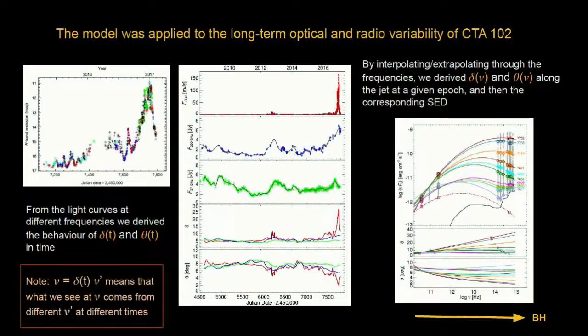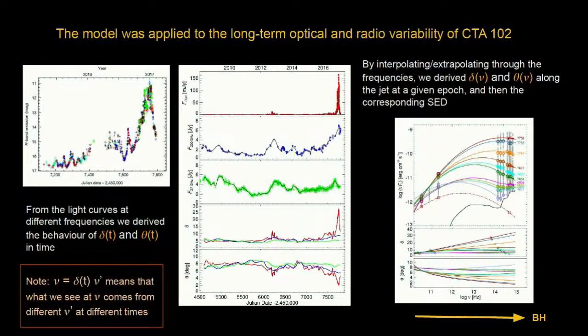I cannot enter into the details of the model. Just simply, I can tell you that from the light curves at different frequencies, we derived the behavior of the Doppler factor and viewing angle as a function of time.